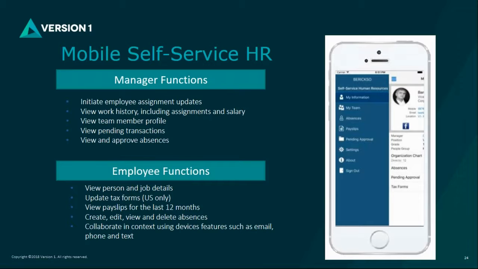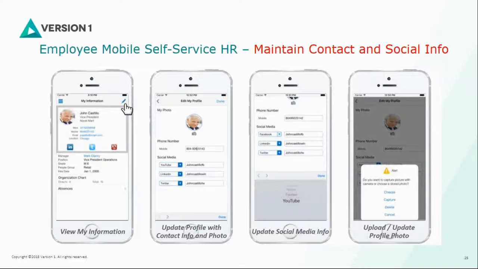Moving on to HR products. Mobile self-service HR offers a number of functions for employees and managers, which I'll run through quickly in the following slides. Employees can update and maintain contact information, including taking and uploading profile photos for collaboration purposes.